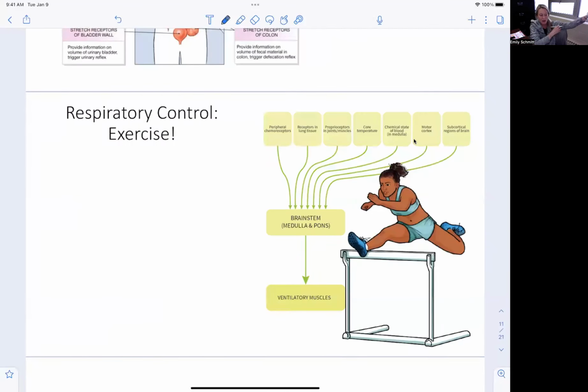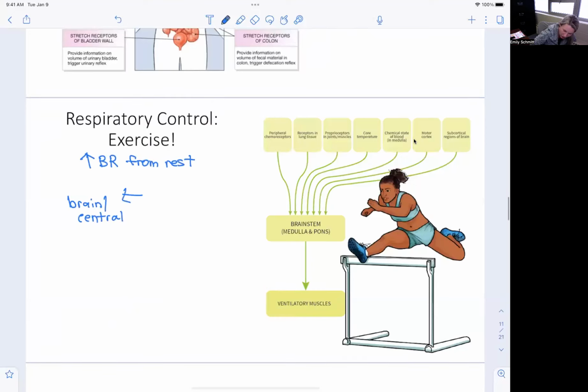Now, in talking about exercise, we know that when we begin to exercise, we have an increase in breathing rate from a resting state. So we know that the brain is our central sort of control and primary drive to increase our breathing rate during exercise.